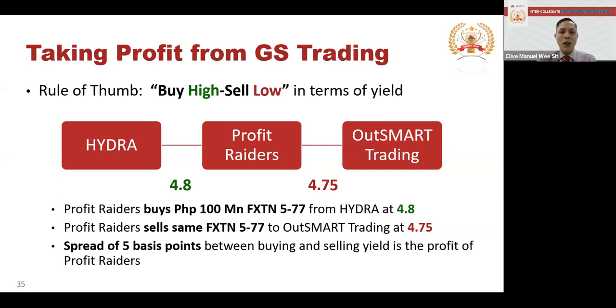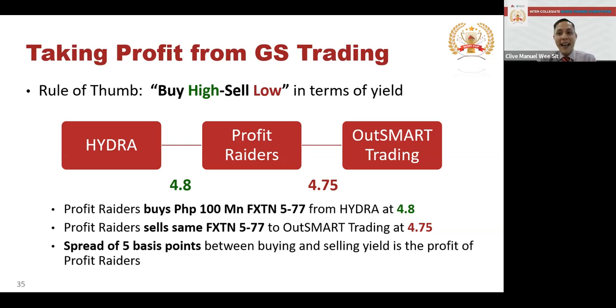So for this example, we have Profit Traders who is dealing with Hydra and Outsmart Trading. Profit Traders is going to buy a security from Hydra, particularly the 5-77, for 100 million at 4.8%. And then simultaneously, Profit Traders decides to sell that same 100 million FXTN 5-77 to Outsmart Trading at a rate of 4.75.